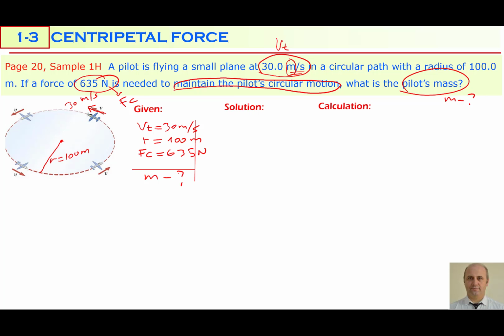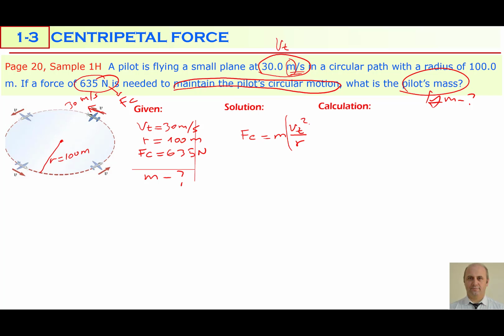The thing we should do is to use the equation of centripetal force, which is Fc is equal to mass times tangential speed squared divided by radius. This equation calculates centripetal force, but we need to calculate the mass of the pilot. That's why we have to rearrange this equation. How? There are multiple ways.